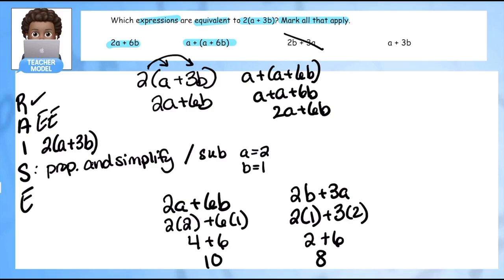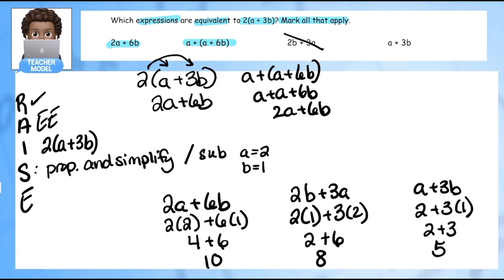So you can see my two-step verification. One, they didn't have the same common terms when I simplified them. And two, when I substitute a value, they weren't equal either. Let's look at the next one, a plus 3b. When a equals 2 and b equals 1. So 2 plus 3, that equals 5.